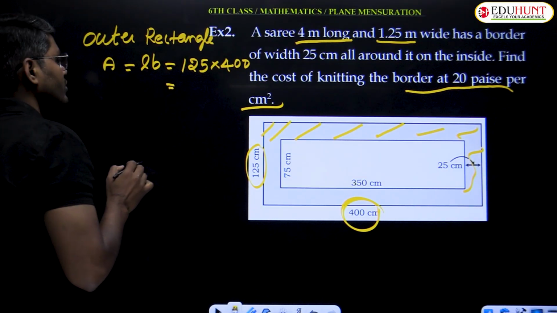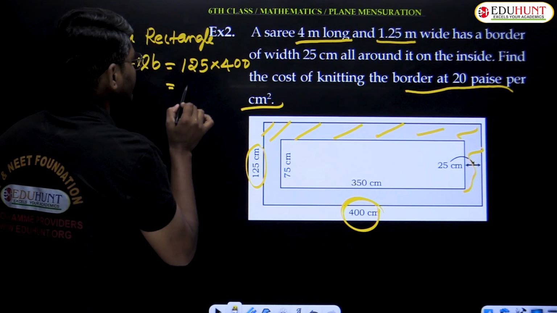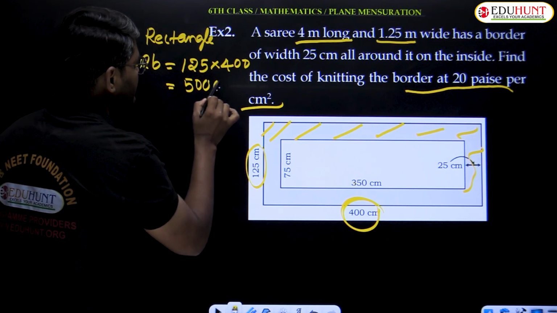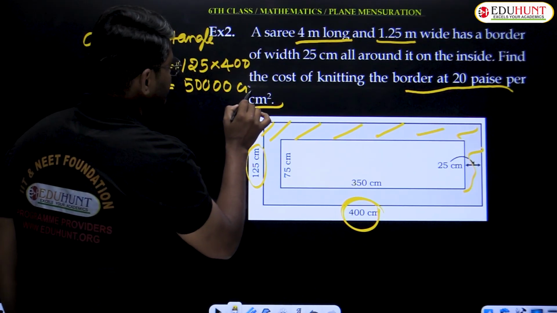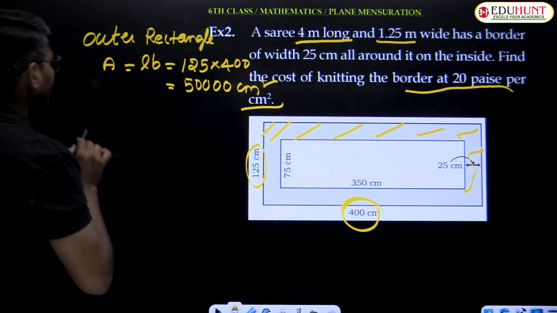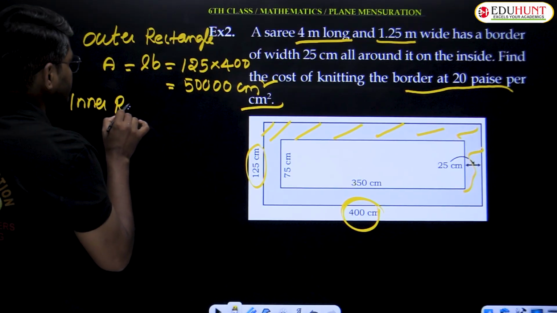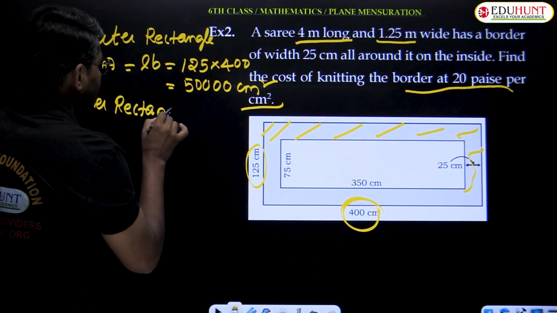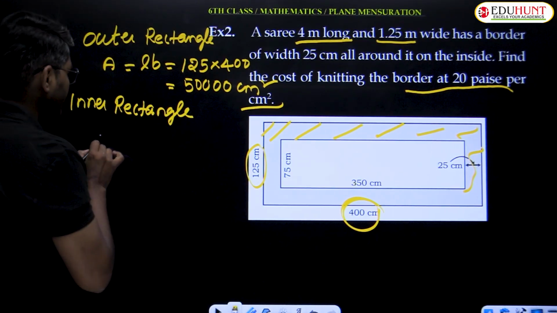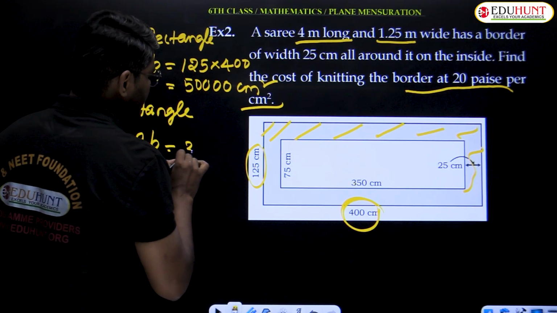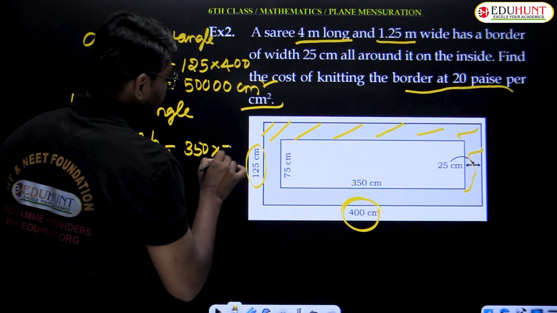That is 50,000 centimeter square. And inner rectangle area equal to L into B equal to 350 into 75.